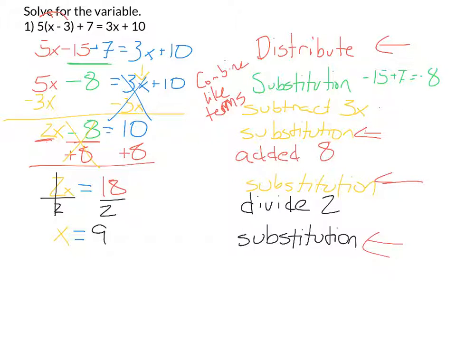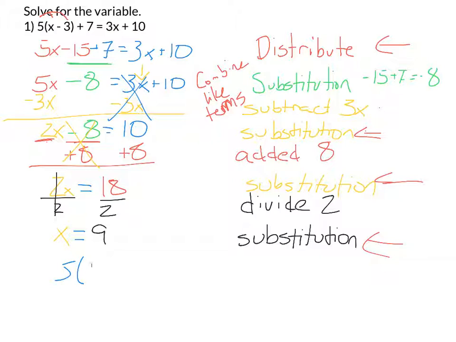Okay? Now before we finish up here, how can we check to make sure that 9 is actually the right answer? Well, let's go way back to the top and we'll put 9 in and see if it works. So instead of x, I'm going to substitute in 9.